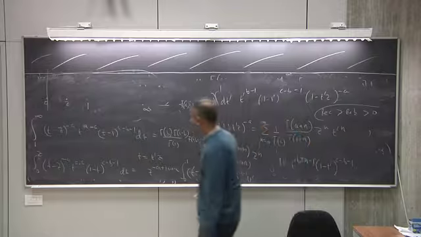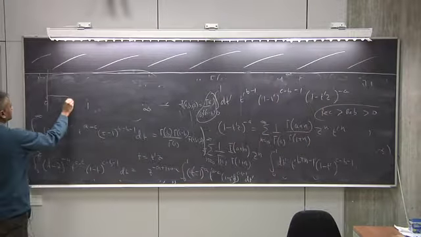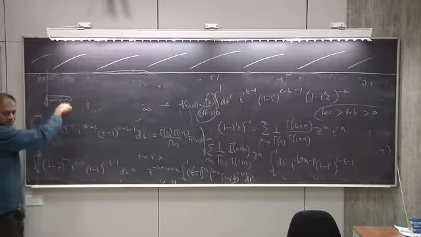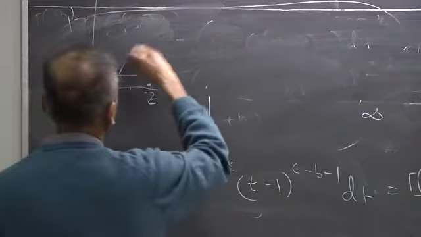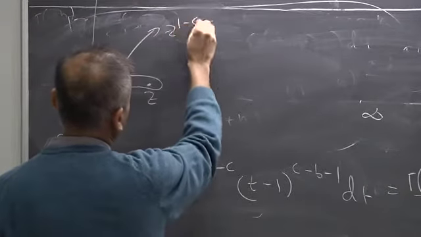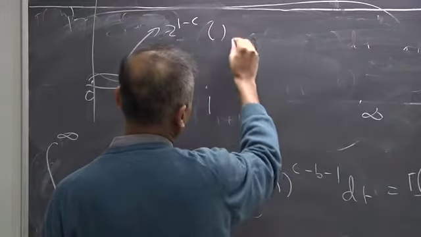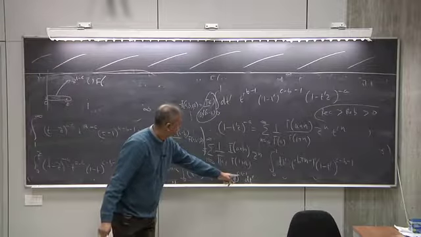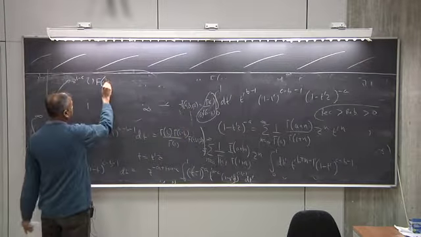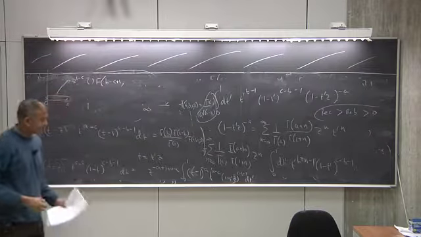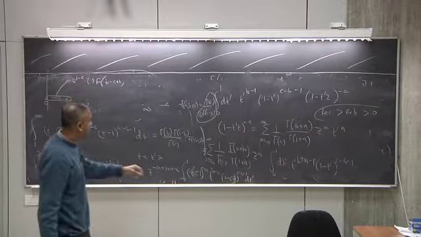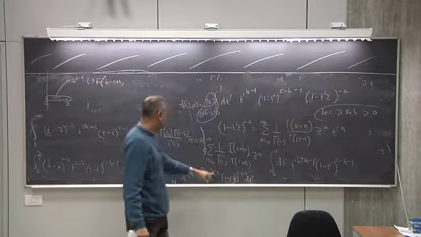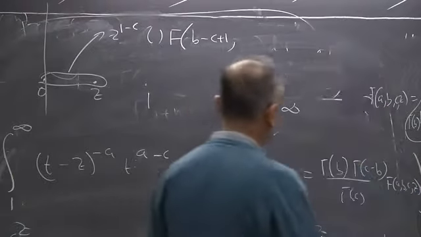So what we conclude is that this integral, if I take this contour integral, I mean, this is just a notation. I have to just make a closed contour in such a way that the boundary terms vanish. So this gives me z to the power of 1 minus c times, up to some constant, times F. Well, a is replaced by minus c, so b plus 1 minus c, b minus c plus 1. And then the coefficient b was this plus 1, this power plus 1, which is a minus c plus 1, right?